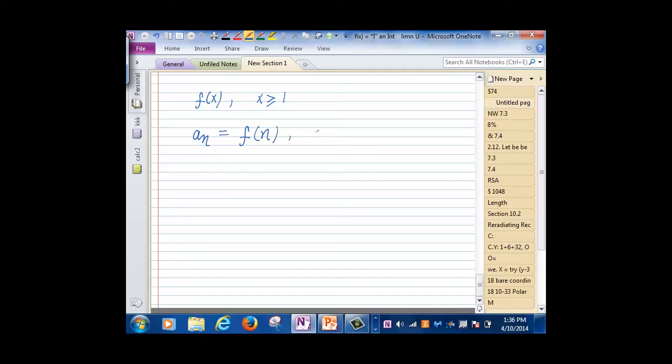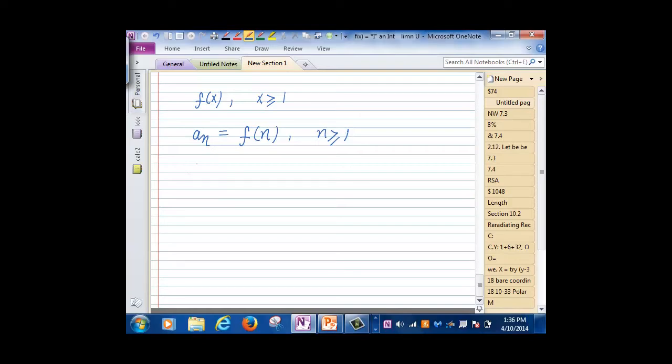Here n is larger or equal to 1, and n represents a positive integer. So basically the sequence is just special values of the function f: f of 1, f of 2, f of 3, and so on.